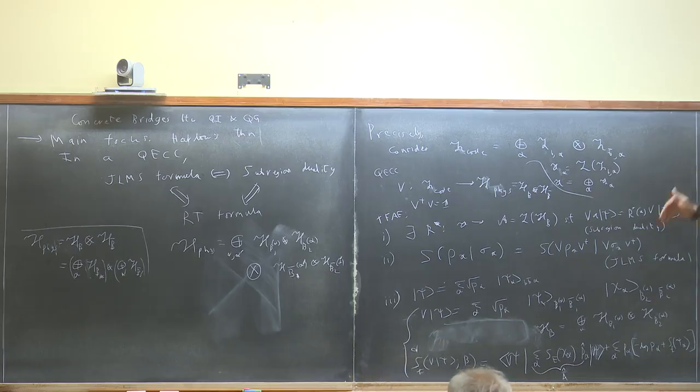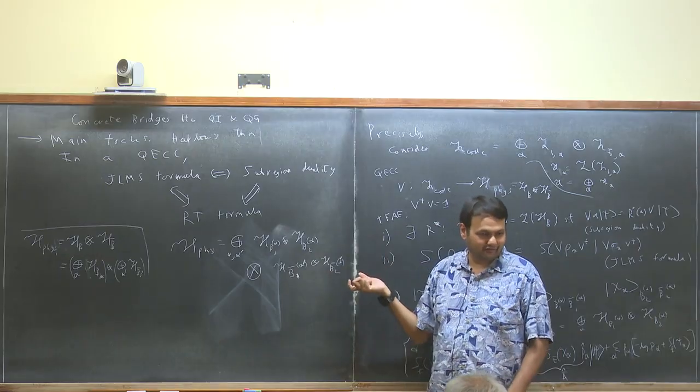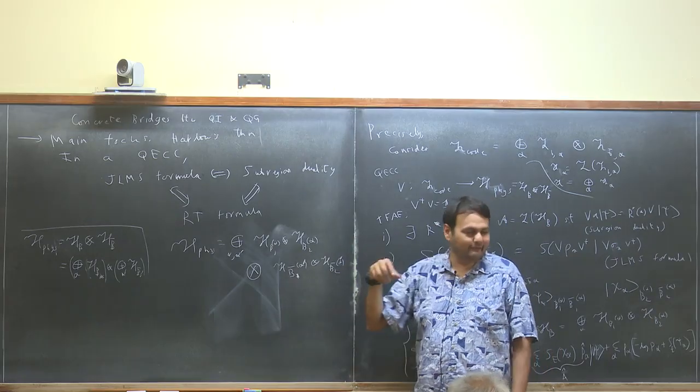So take two states in different alpha sectors in the code. They are orthogonal in the code, and because it's an isometry, they have to be orthogonal in the physical Hilbert space also. Therefore from this you can construct different alpha sectors in the physical Hilbert space. Now you're right that this is not the most general. There could be some remainder term here, but I'm just ignoring the remainder.